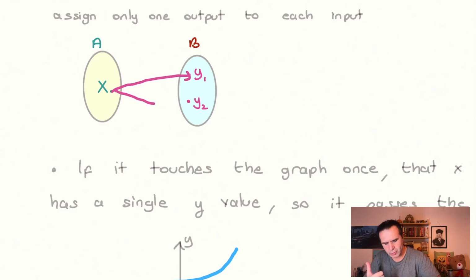If it goes to two or more different outputs, then this cannot be a function. So we use the vertical line test to find whether an input goes to one or more outputs.